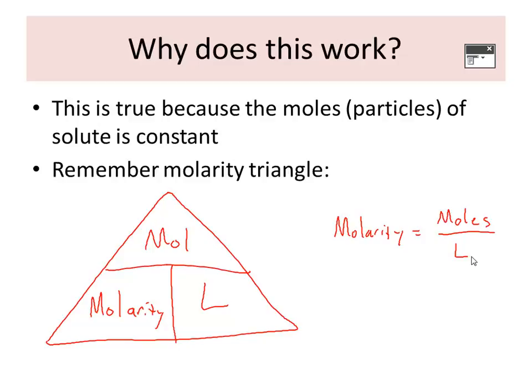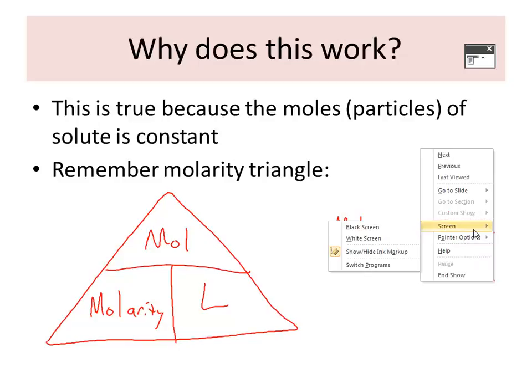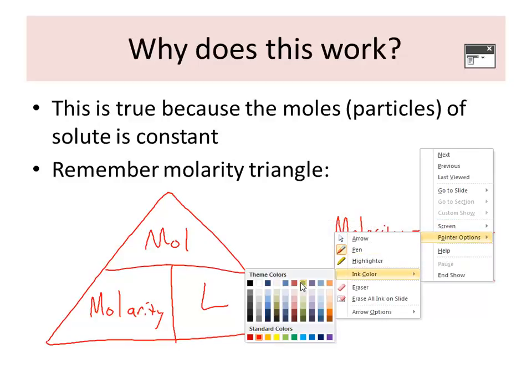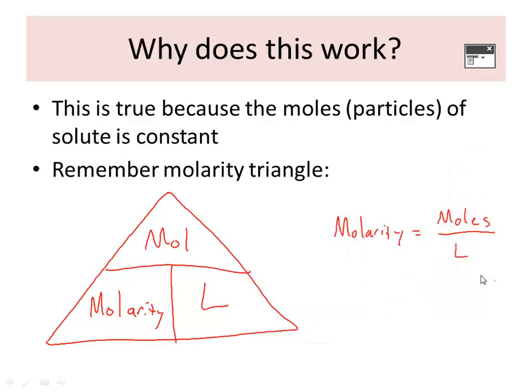If I make my liters bigger, and my moles are the same, what happens to the molarity? If I'm dividing by a bigger number, the number gets smaller, it decreases. That's why. Because I have the same amount of lemonade, it's just dispersed more. There's more volume.